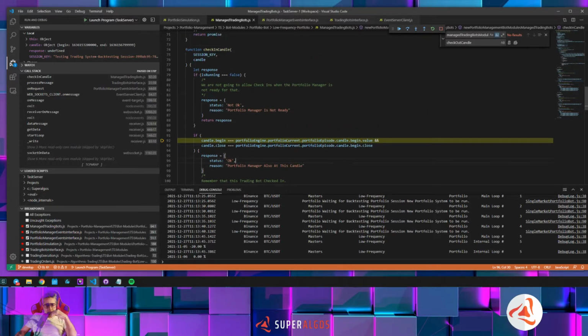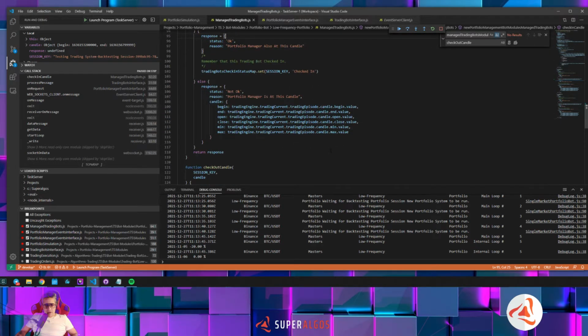Why is candle close not defined? Well, first because this is not candle close, but candle close value. And second, this is not candle close, but candle end. Okay? Candle end value.